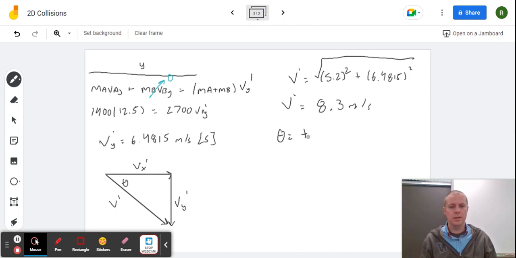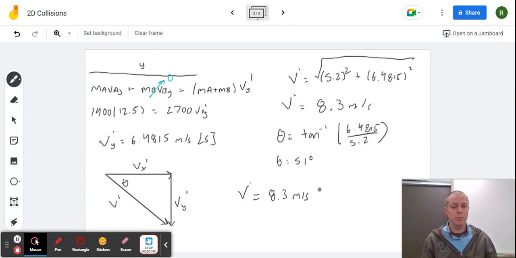To find the angle, we're going to take the inverse tan ratio of our two numbers, and we get an angle of approximately 51 degrees. So that means that after these two things collide, they're going to be traveling at 8.3 meters per second, 51 degrees, and I look at my picture here, south of east.